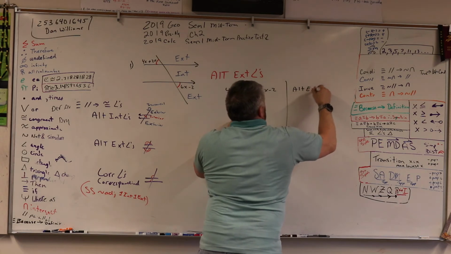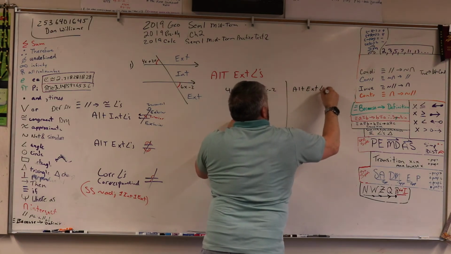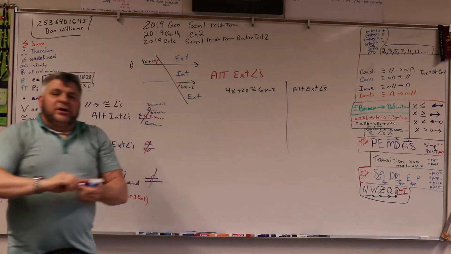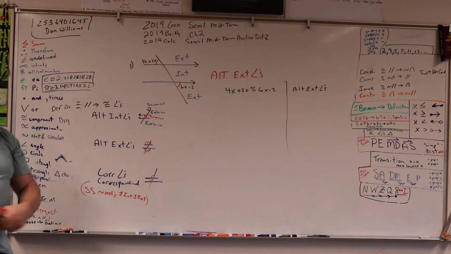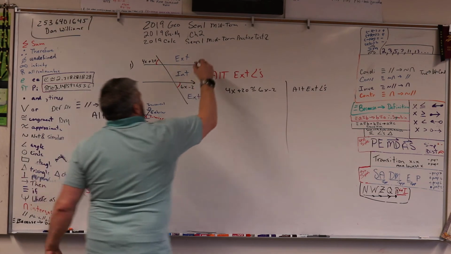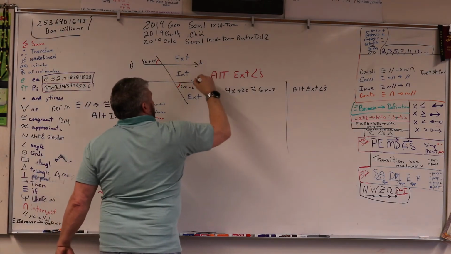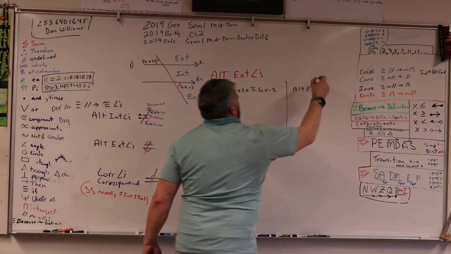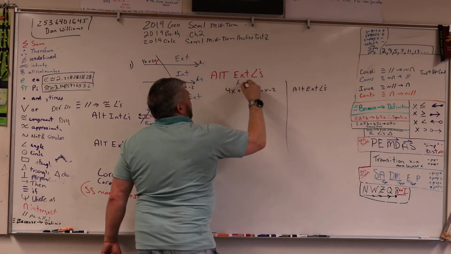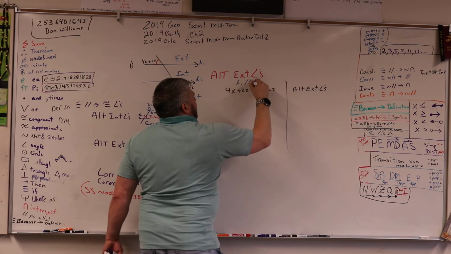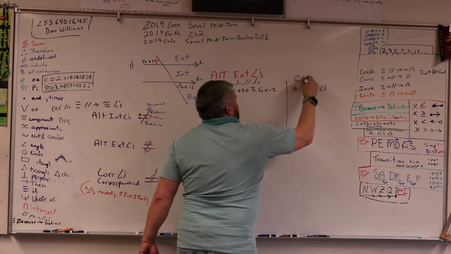Now, there is a given, and the given is that line 1 and line 2 are parallel. L1 is parallel to L2, and that's a given.